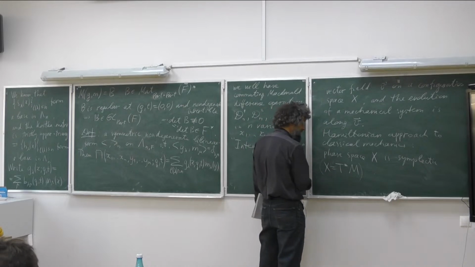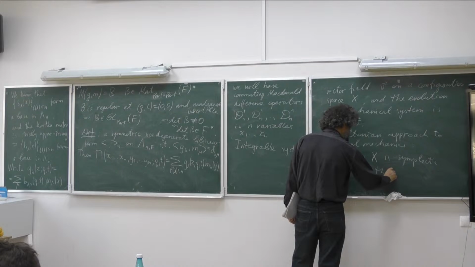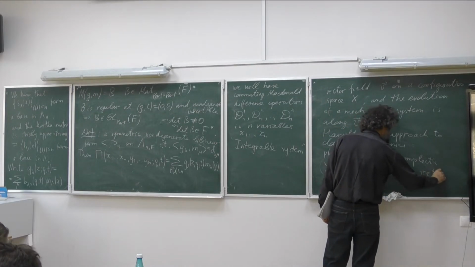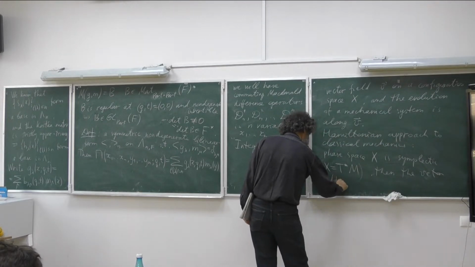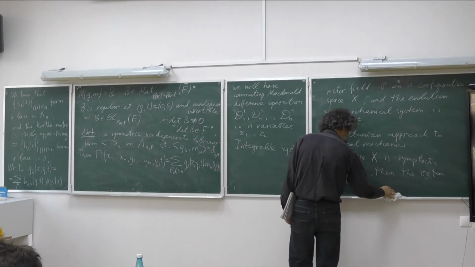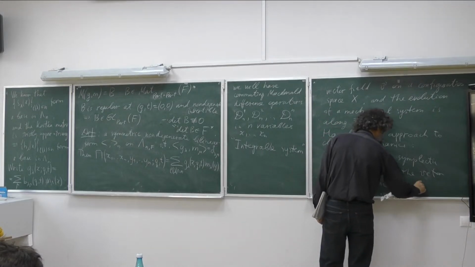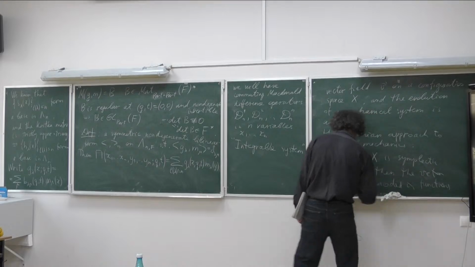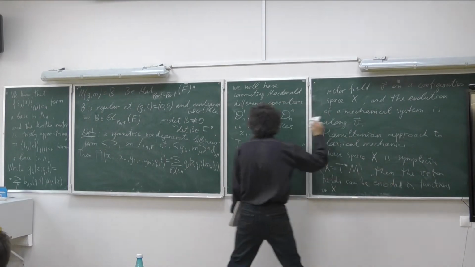It's only an example. And then the vector fields can be very economically encoded in just functions on X, so-called Hamiltonians.